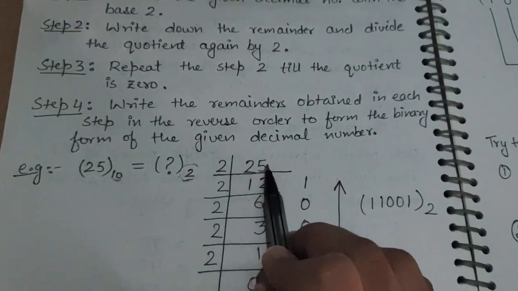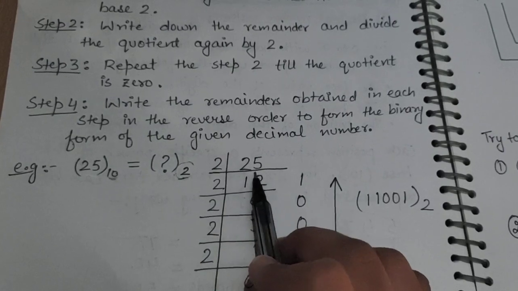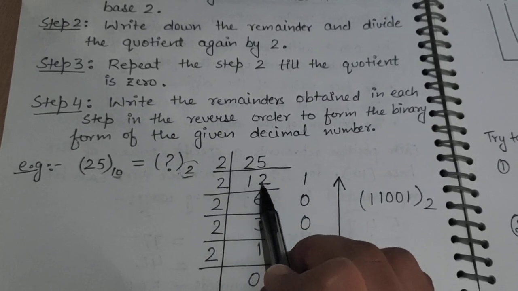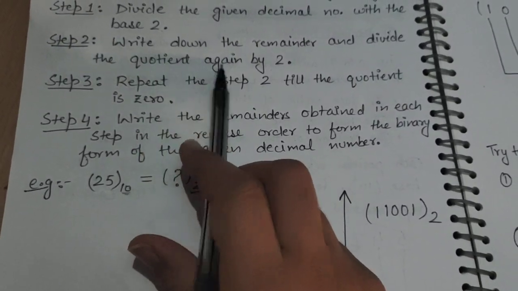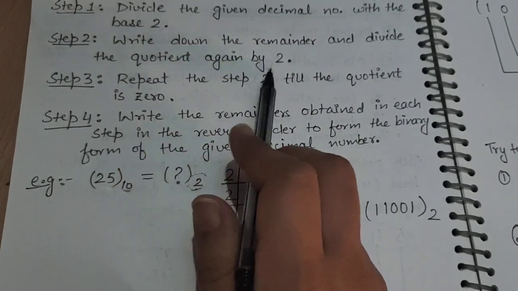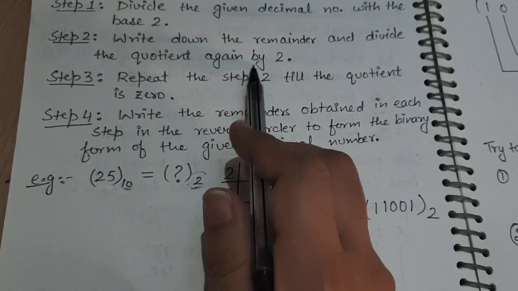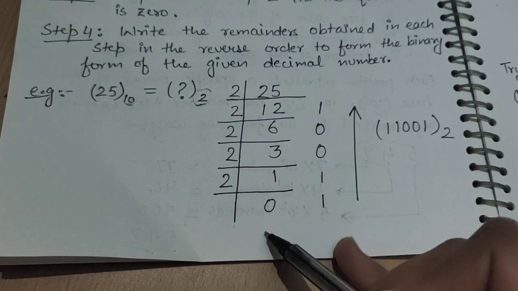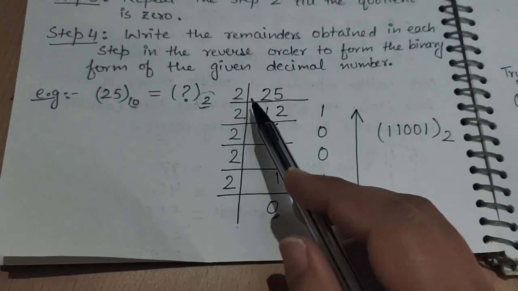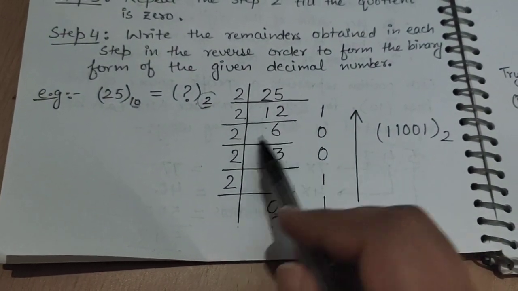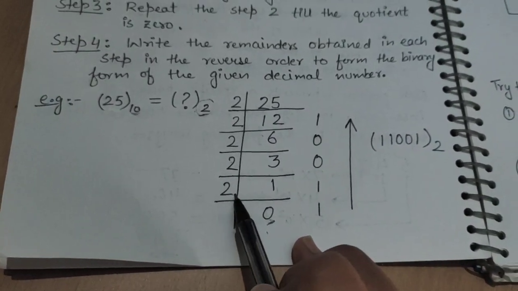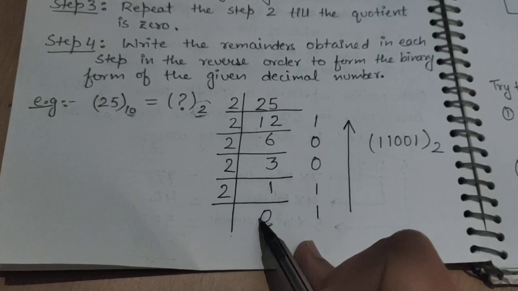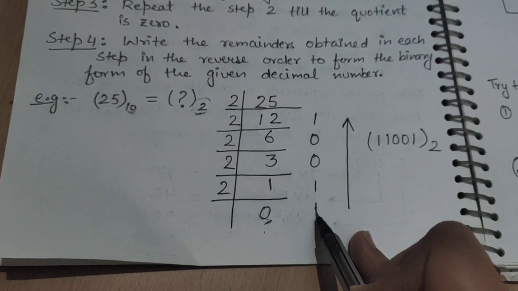Dividing 25 by 2, the quotient is 12 and the remainder is 1. So we write the remainder and divide the quotient again by 2. We will do this step till the quotient becomes 0. Twelve divided by 2 is 6, then 6 divided by 2 is 3, then 3 divided by 2 is 1 with remainder 1, then again we divide 1 by base 2, the quotient is 0 and the remainder is 1.